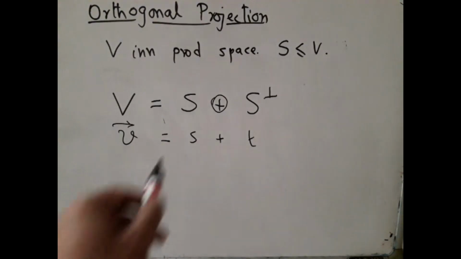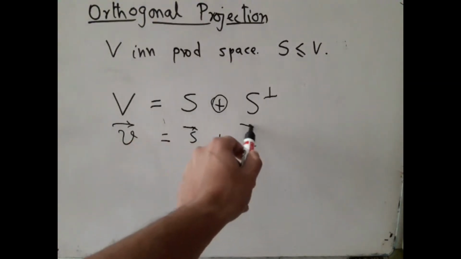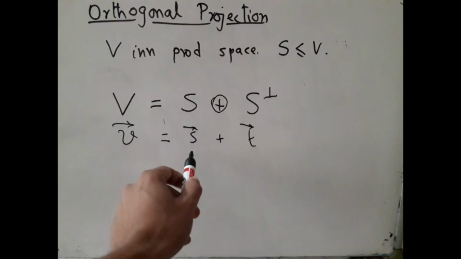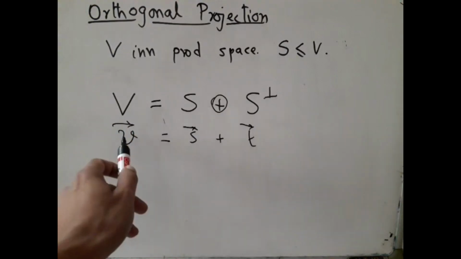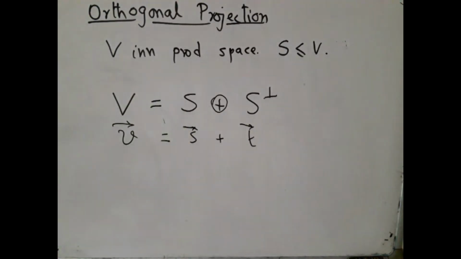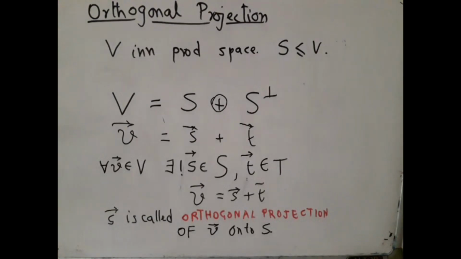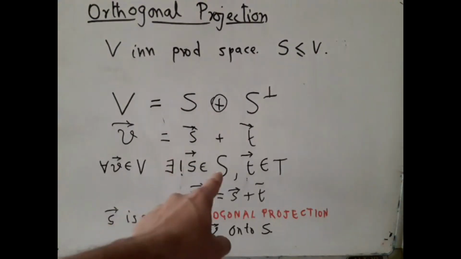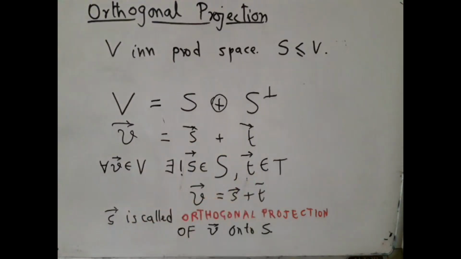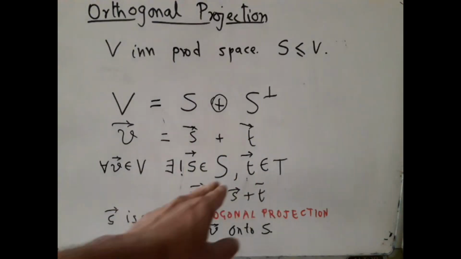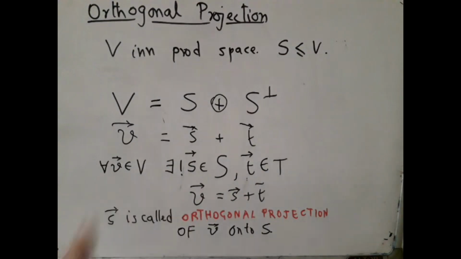And I call this S vector the orthogonal projection of V onto S. For all V in V, there exist unique S in S and unique T in S perp such that V can be written as S plus T, and this S is called the orthogonal projection.